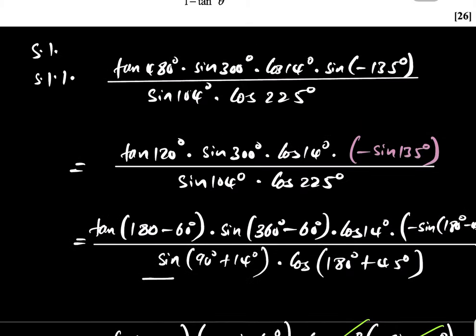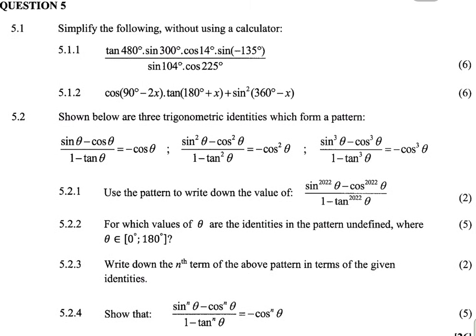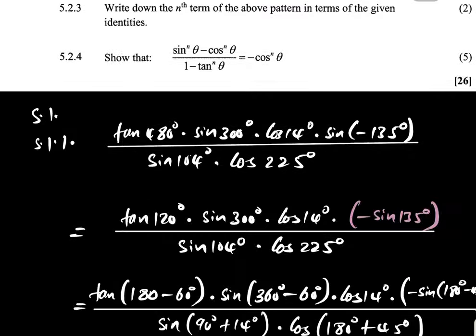And then now let's check the second one. We have to simplify cos of 90 degrees minus 2x multiplied by the tangent of 180 degrees plus x plus sine squared of 360 minus x. So let's do it together as well and see how far we can go with that. So that is 5.1.2.